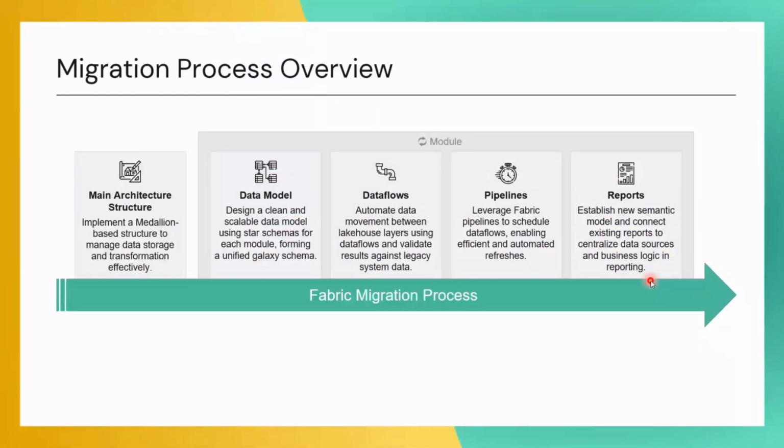And to summarize this, we've established a new semantic model and connected the existing reports to the centralized data sources, and have then also centralized business logic in our reporting, defined in our code layer.